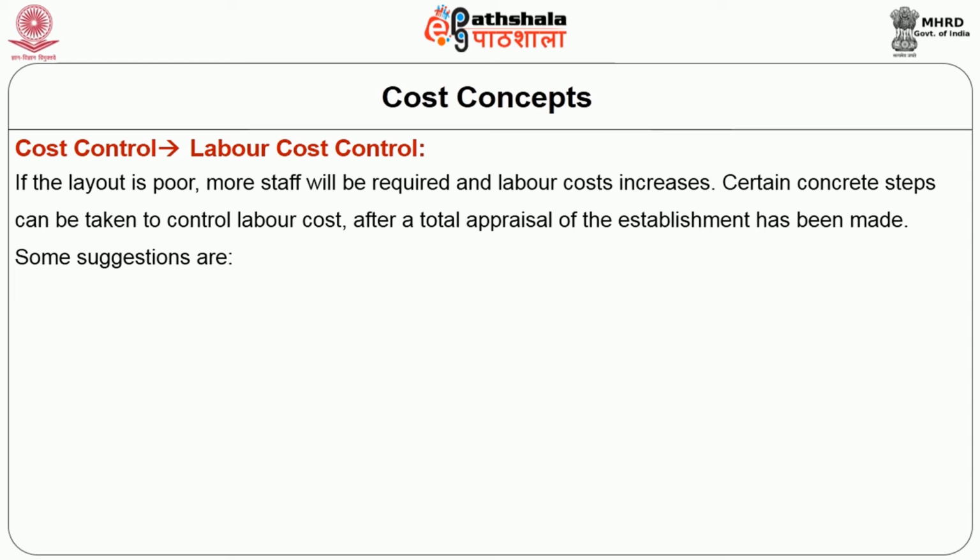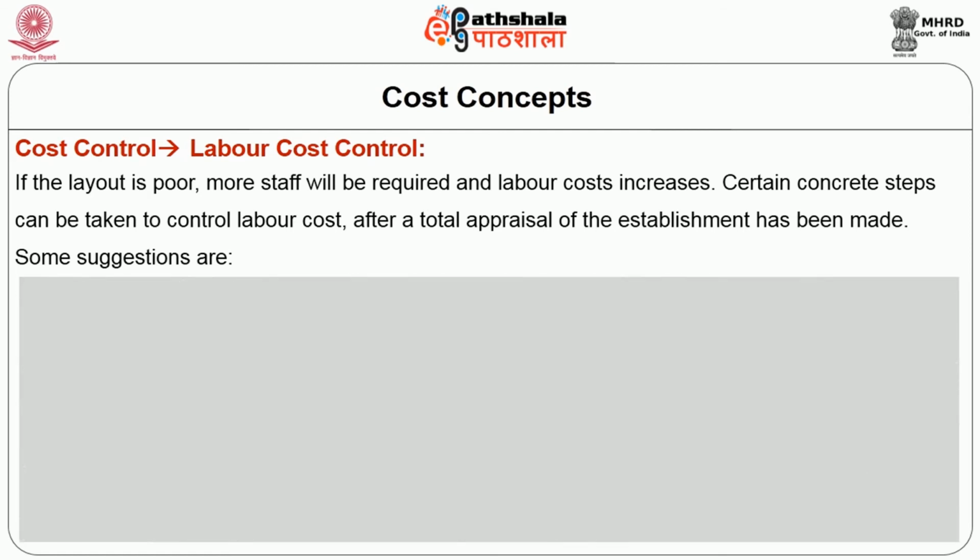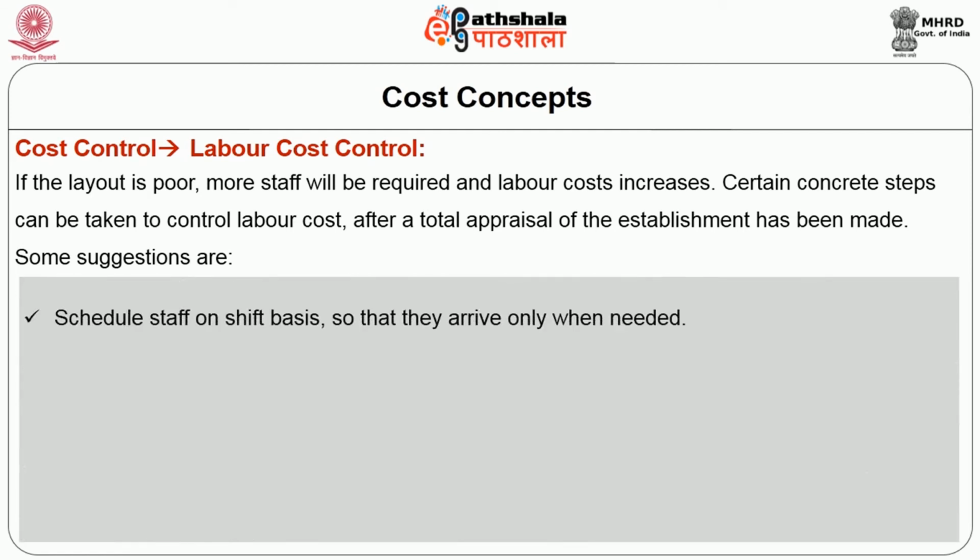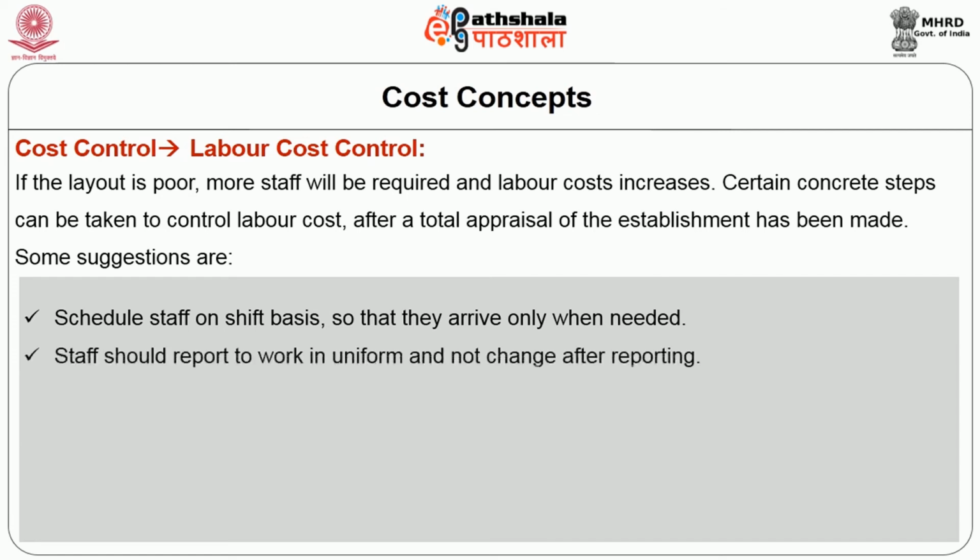Certain concrete steps can be taken to control labor cost after a total appraisal of the establishment has been made. Some suggestions are: schedule staff on shift basis so that they arrive only when needed. Staff should report to work in uniform and not change after reporting.